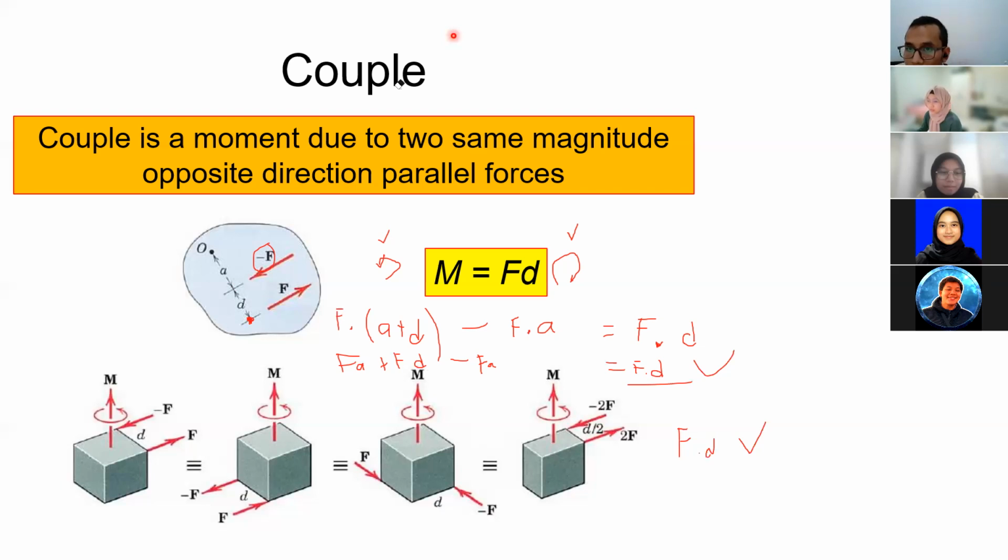Okay. The point is here. Oh no, it's 0. 0, correct. So the moment due to F at this particular point will be 0, right? And the moment due to minus F will be what?